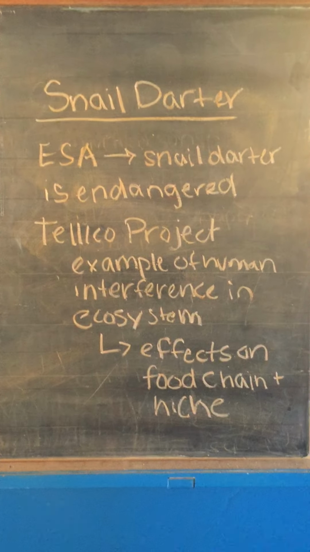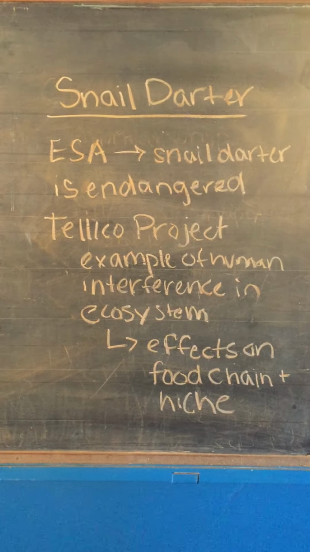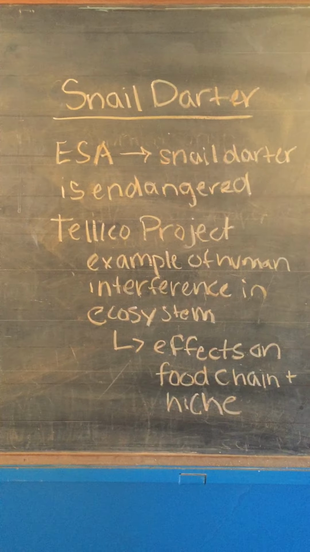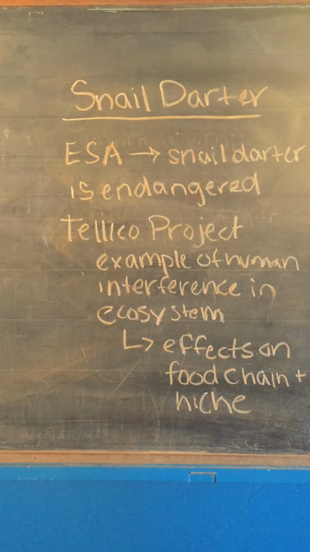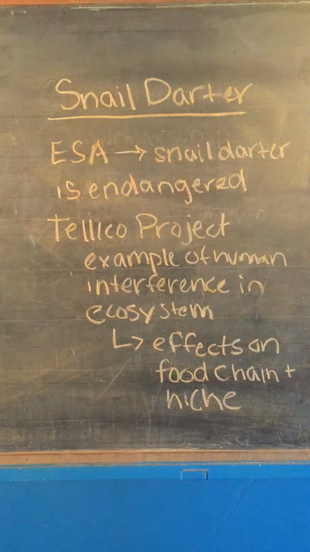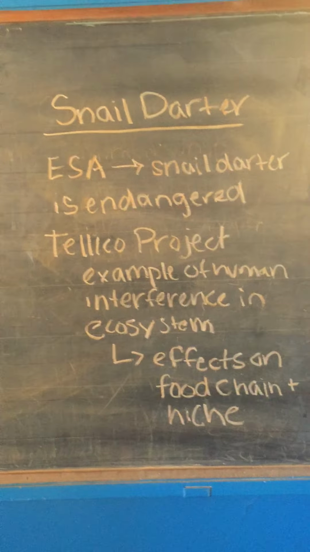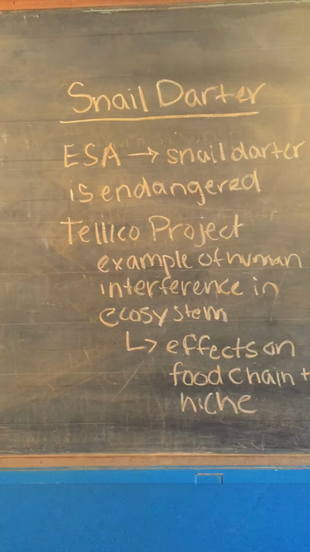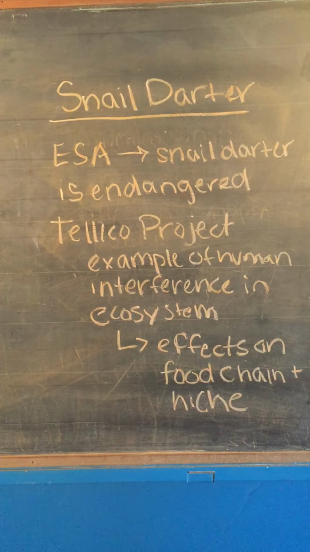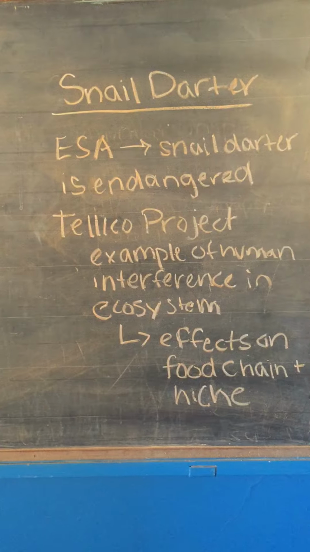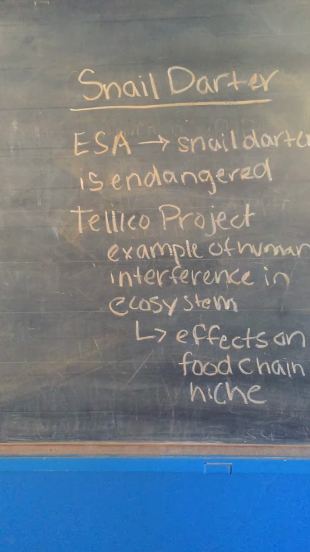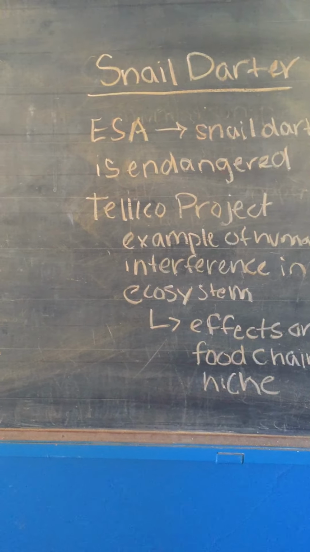The snail darter's diet consists mostly of snails and insects, which have consumed producers. In turn, the snail darter is preyed on by the banded sculpin when it is an adult, while other darters would prey on eggs and juveniles.